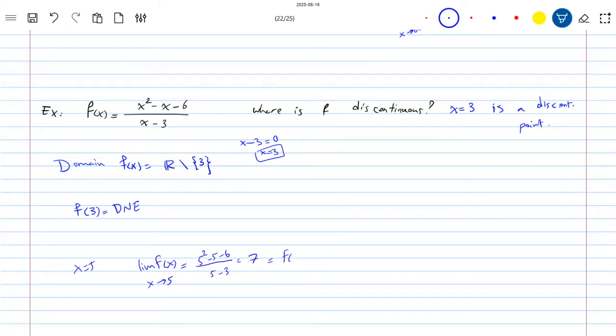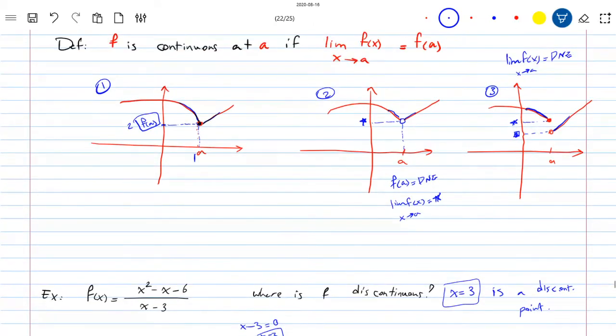This is exactly the same as f of 5. So the limit and the value of the function are equal at x equal to 5. Therefore, the function is continuous at that point. 5 is an example; any other point will have this property. The only discontinuity point is x equal to 3, since it doesn't belong to the domain. This is similar to the second graph, that point is where the function is undefined.